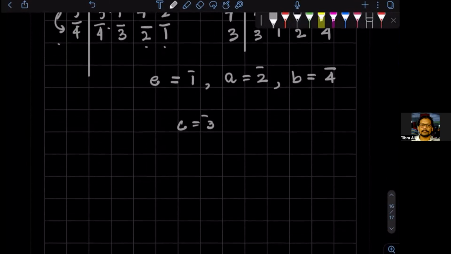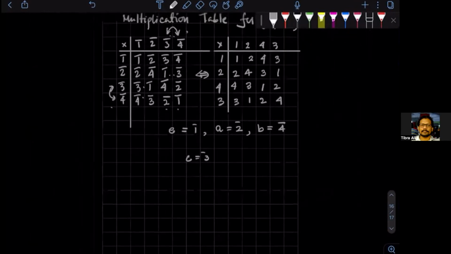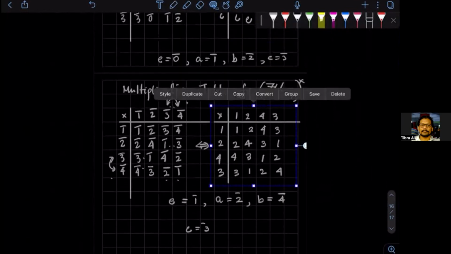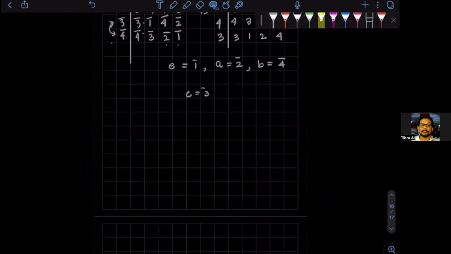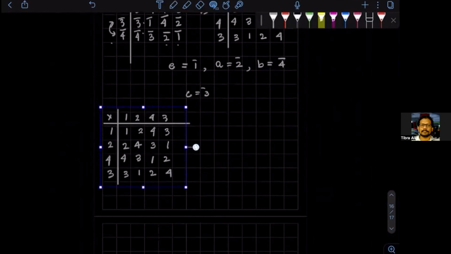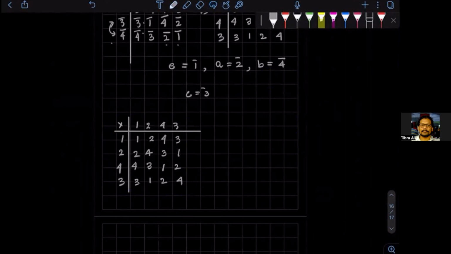Then what we can do is write this multiplication table in a more abstract form. So we can say this is E, and then A, B, C, and then E.